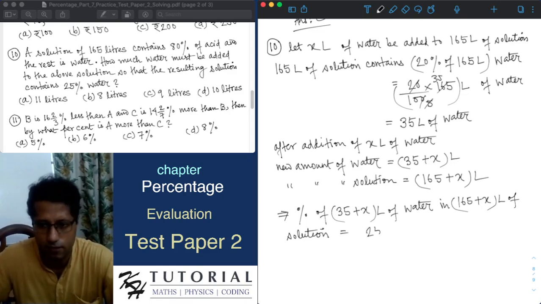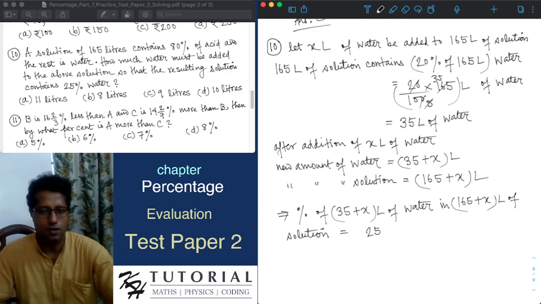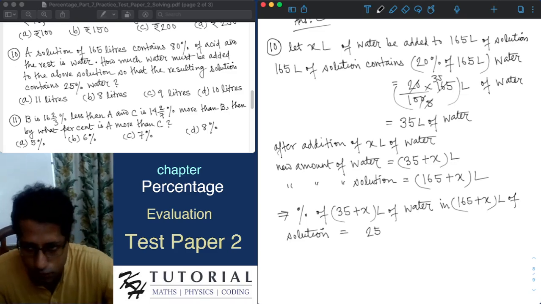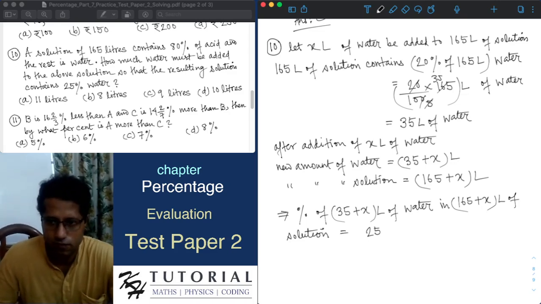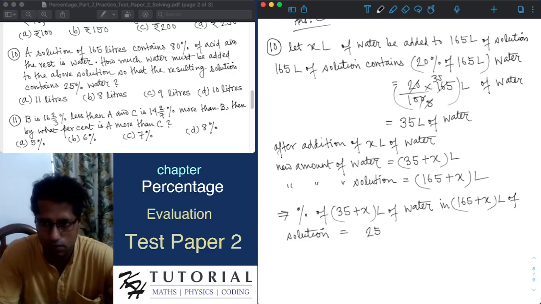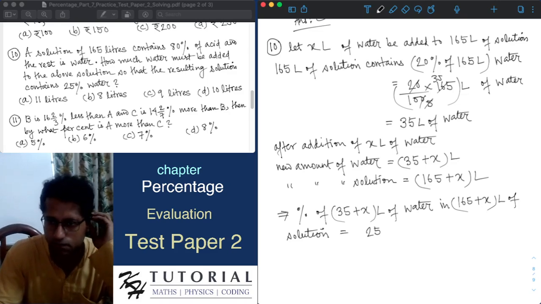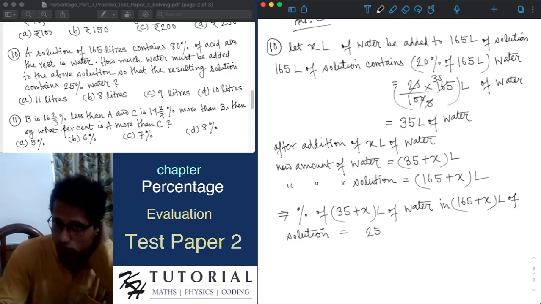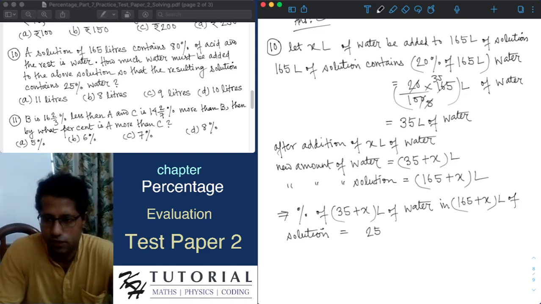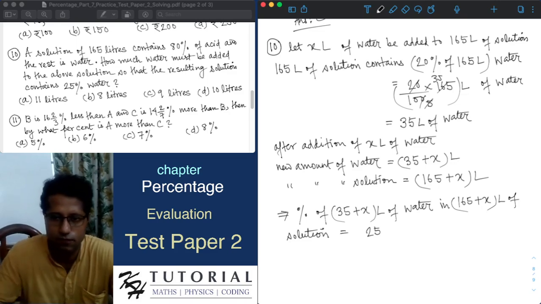It is given that after adding, the resulting solution contains 25% water. So we have already found that after adding x liters of water, the amount of solution is 165 plus x liters, and the amount of water is 35 plus x liters. So the percentage of 35 plus x based on 165 plus x should be equal to 25.